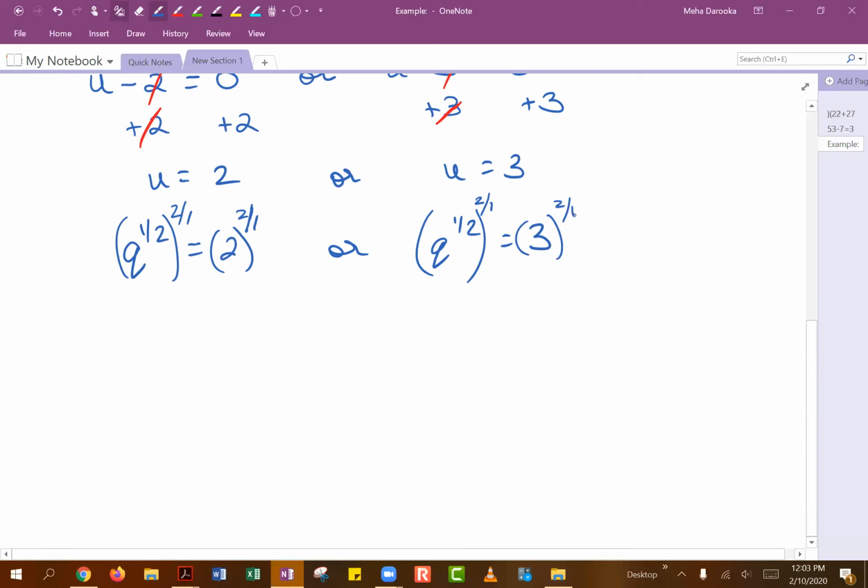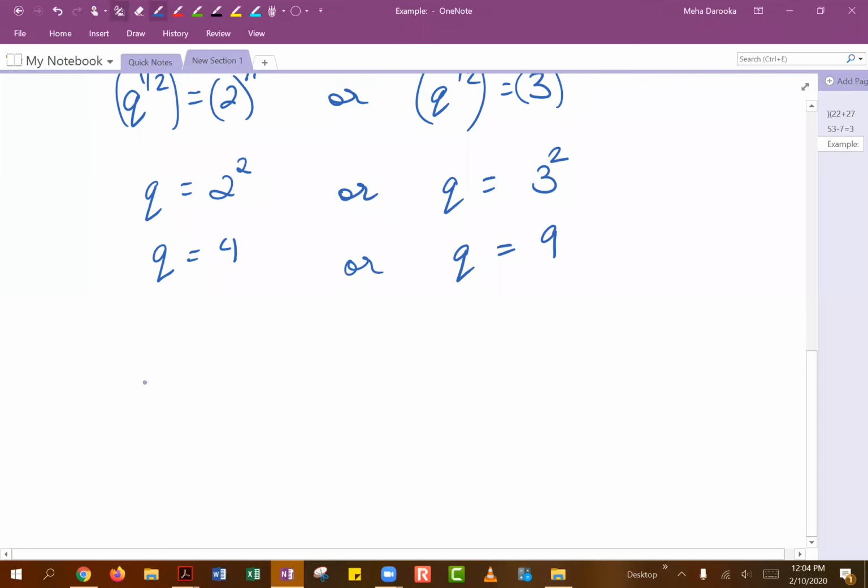Since these are rational exponents, you always want to invert your rational exponent and raise it to both sides, which will help you clean up the left-hand side and then whatever answer you get on the right-hand side. So then you end up getting q equals 2 to the 2nd power, which gives us the 4, right? And then q equals 3 to the 2nd power, which is your 9.